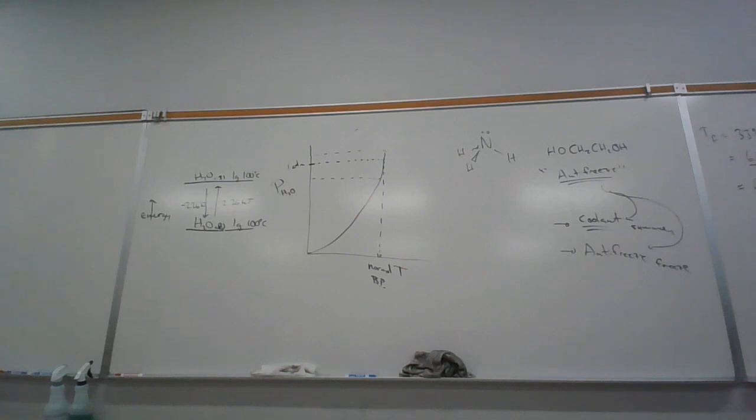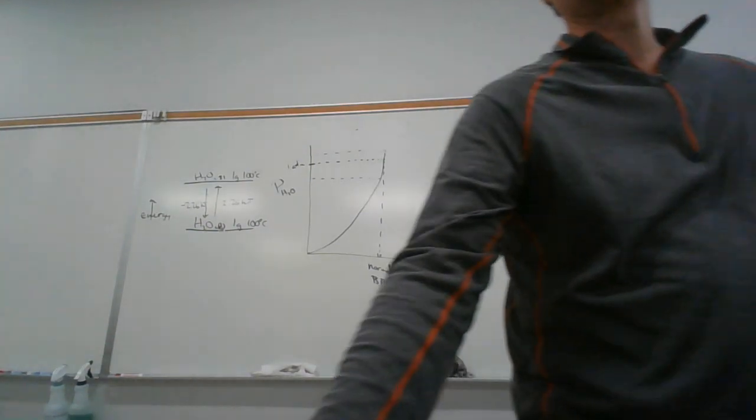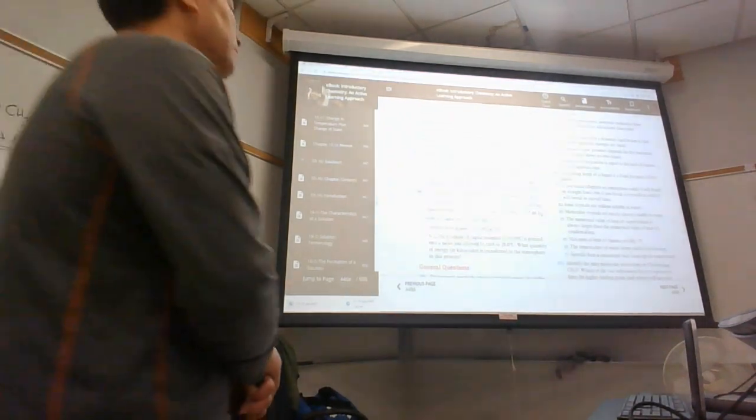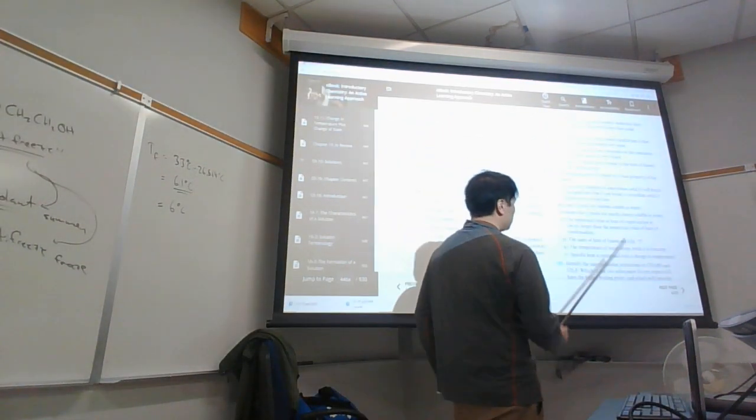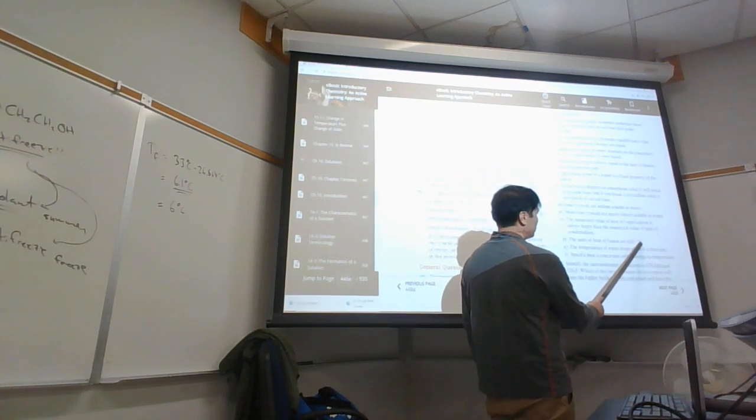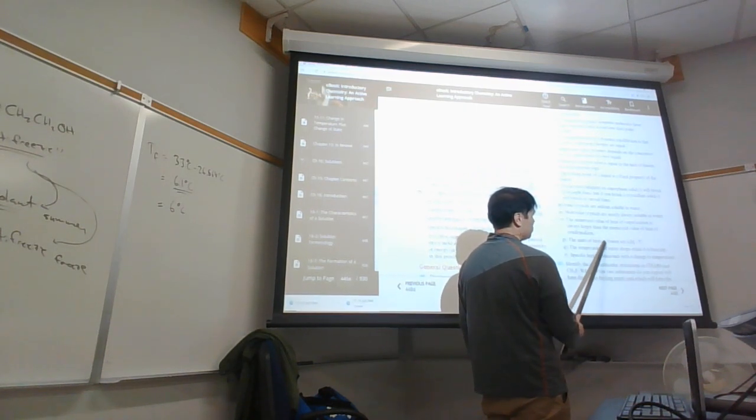So the units of heat of fusion are kilojoules per gram degree C. Is that true or false? That's false. It's kilojoules per gram. There's no degree C because for the heat of fusion, there's no temperature change.